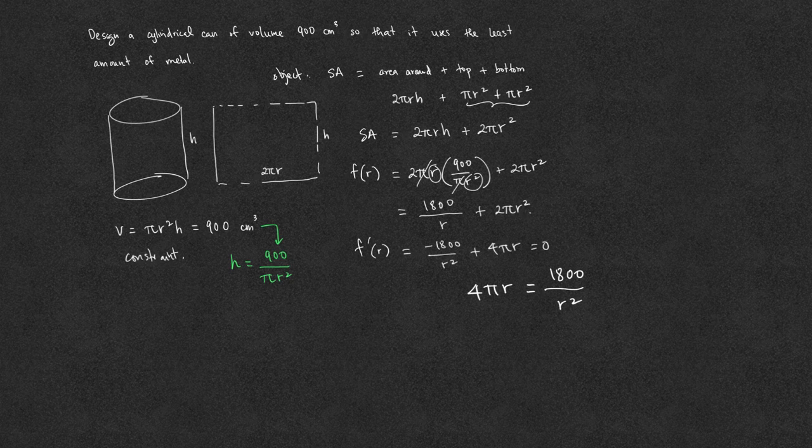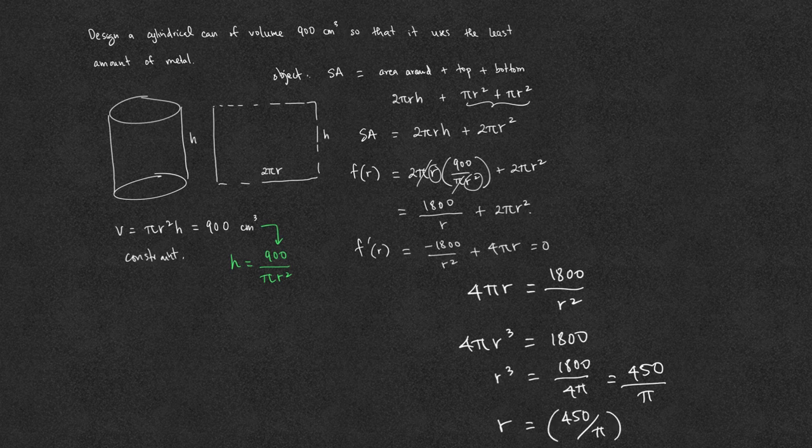We then cross multiply to get 4 pi r cubed equals 1800. So r cubed equals 1800 over 4 pi. 1800 over 4 is 450, and then we still have pi in the denominator. r is the cube root of 450 over pi, or 450 over pi to the 1/3 power.